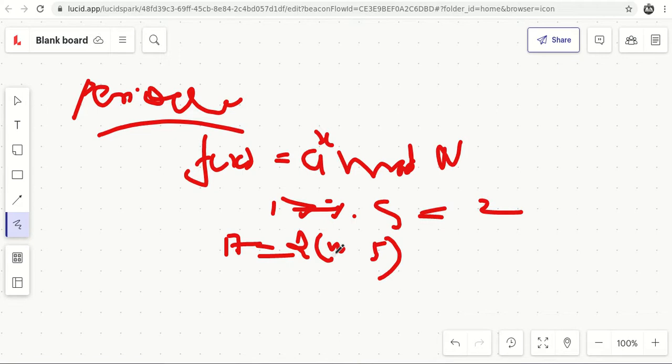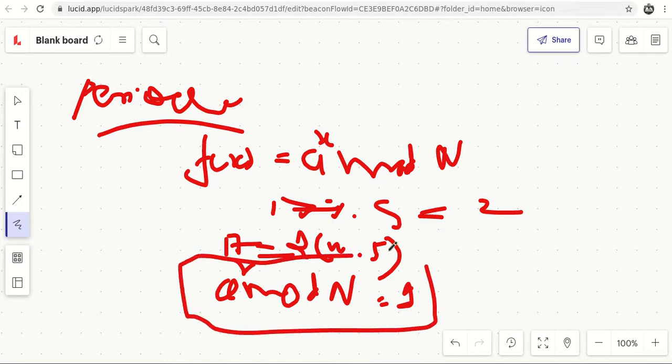The period or the order r is the smallest integer such that a^r mod n equals 1. The smallest r for which this holds is called the order or period.